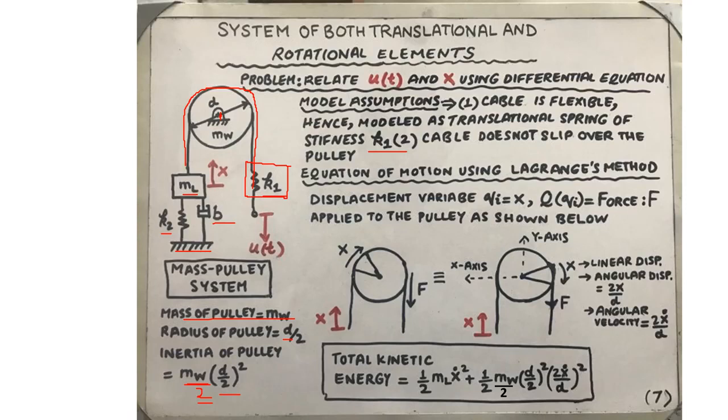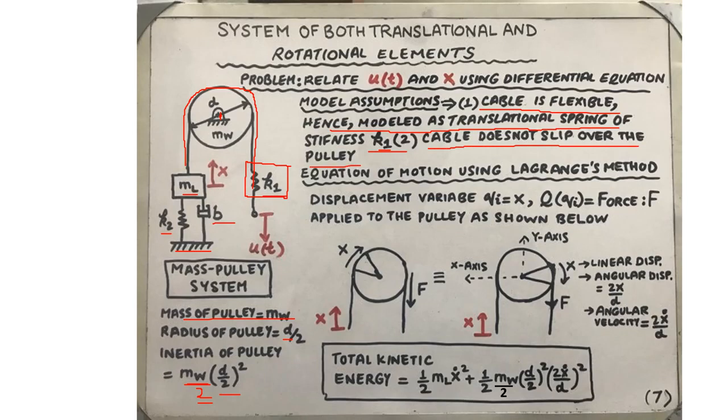So we have already spelled out the model assumption that the cable is flexible, hence modeled after the translational spring of stiffness K1. Another important assumption is that the cable does not slip over the pulley.